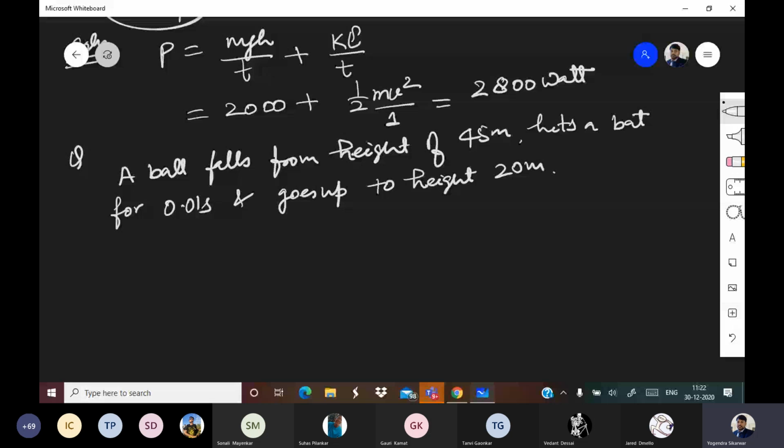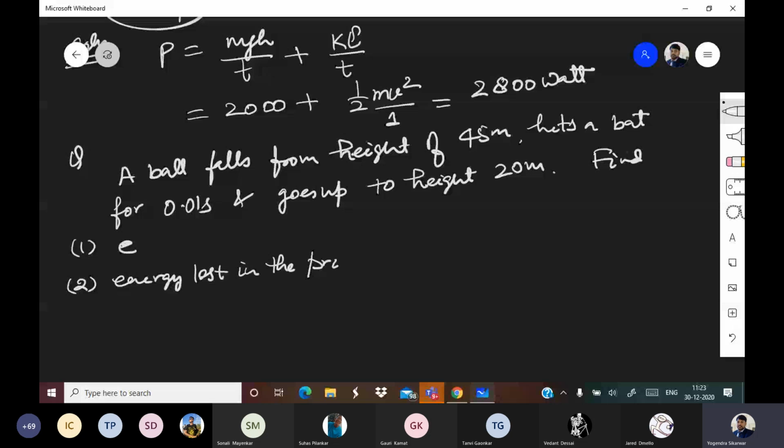Find number 1, coefficient of restitution. Number 2, energy lost in the process.